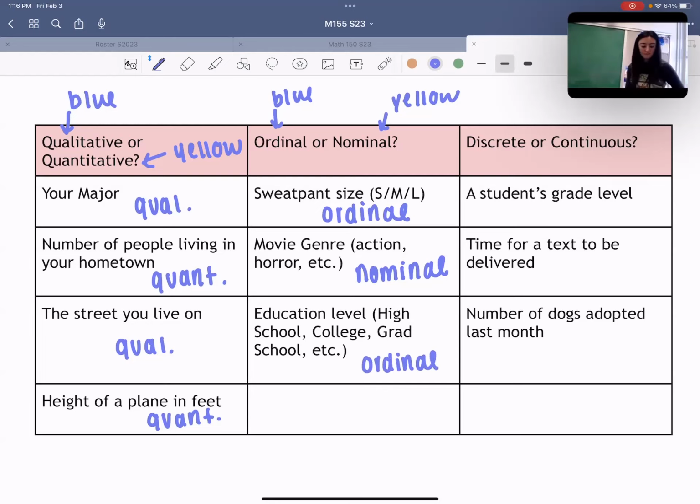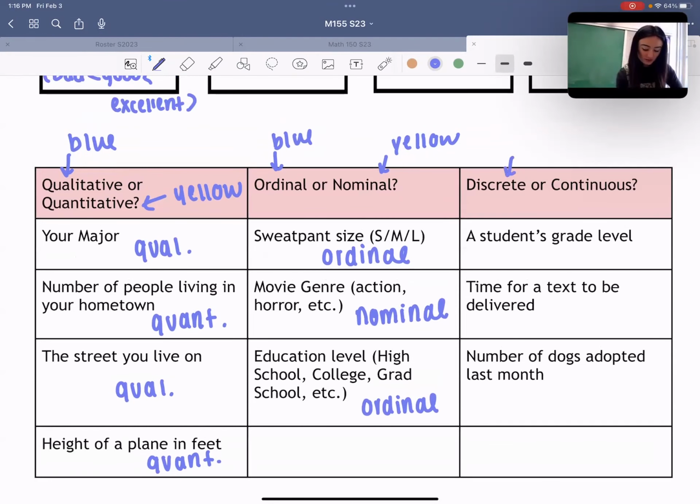All right. Let's go to discrete and continuous, but you know, let's do blue for discrete. Let's do yellow for continuous. Okay, let's do, I don't know, a student's grade level. Okay, who says, well, do blue and yellow. All right, I see actually a mix, which is interesting.